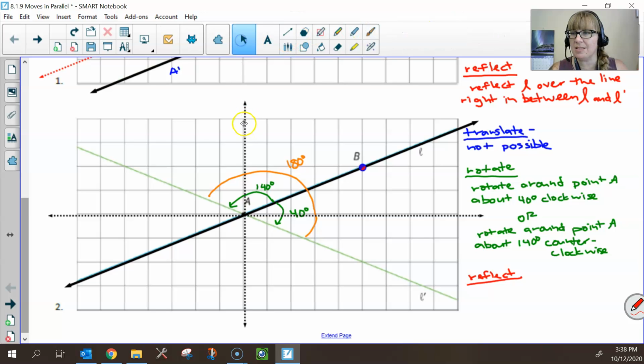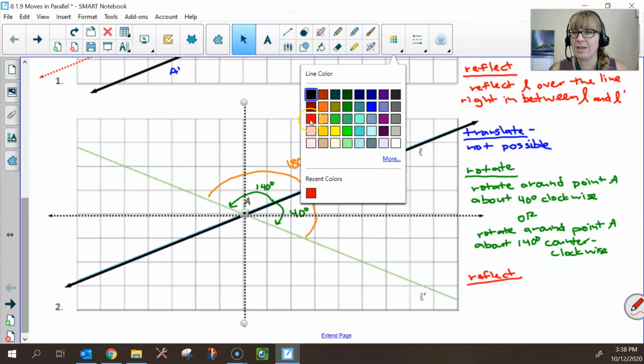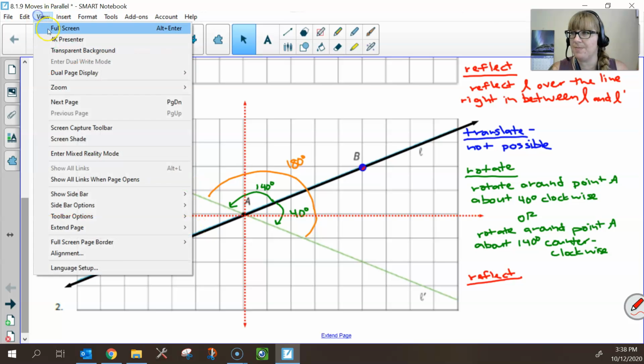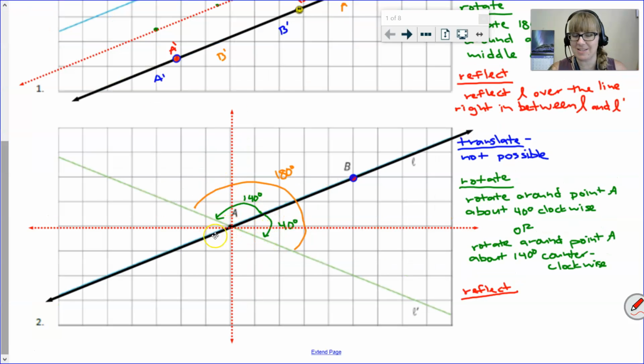Both of these lines go through point A, and they act as a mirror because we can see that B would be reflected down to here, A would be reflected up to here, or A, I guess, is where those lines go through. So let me describe it and then I will model that first.